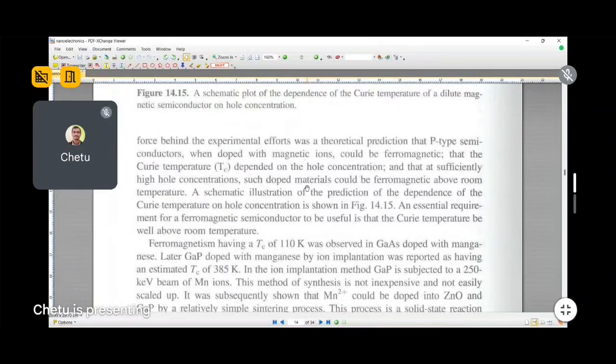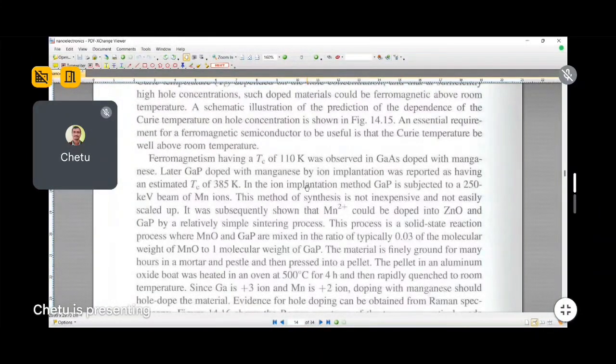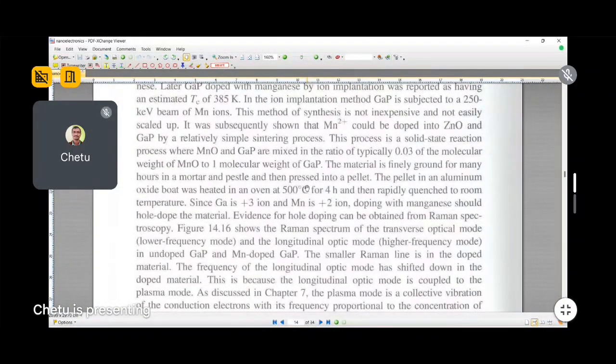So how is it done? Normally gallium phosphide is implanted with ions, with a beam of 250 keV Mn ions, and this method is usually applied in the production of various diodes and transistors.